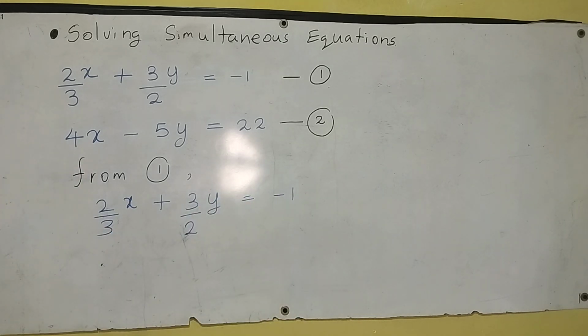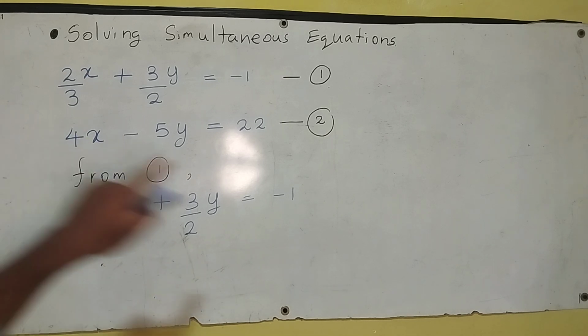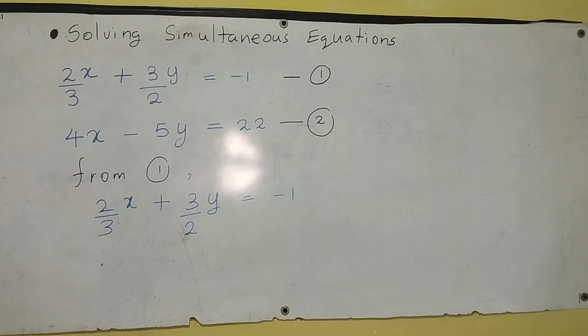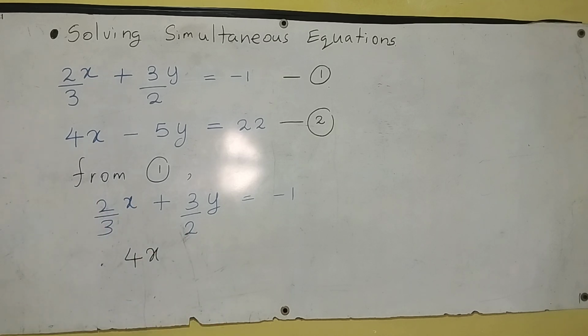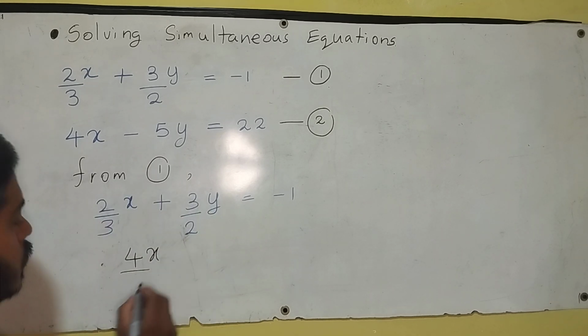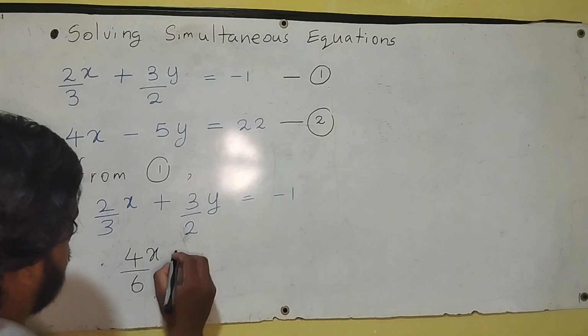Now we have to create a common denominator to calculate this part. Look at the board carefully. 4x. How did it happen? 2x multiplied by 2. Now divide by 3 multiplied by 2 is 6. Why? We have to create a common denominator.